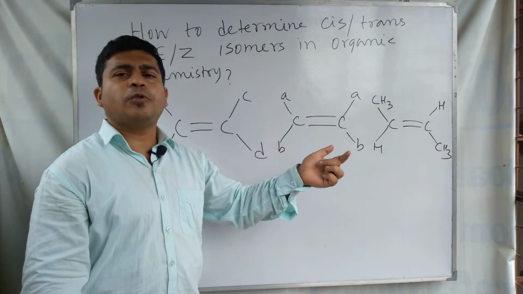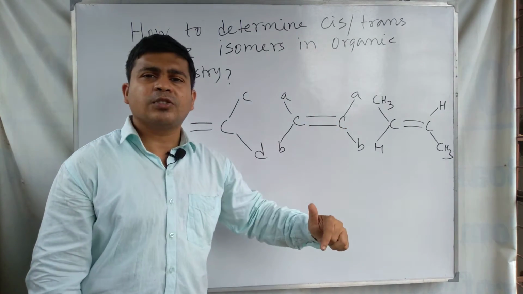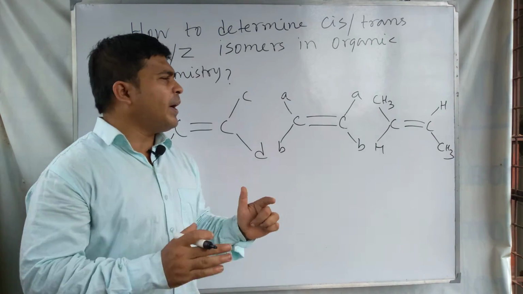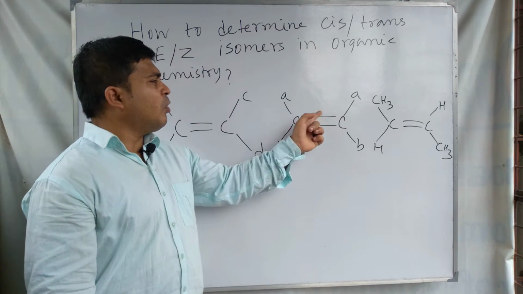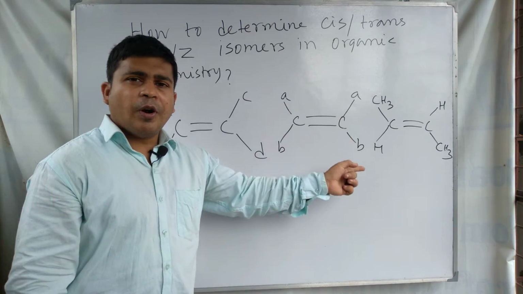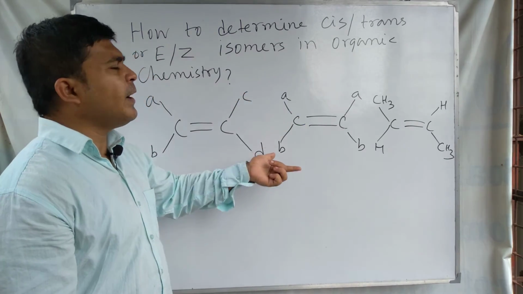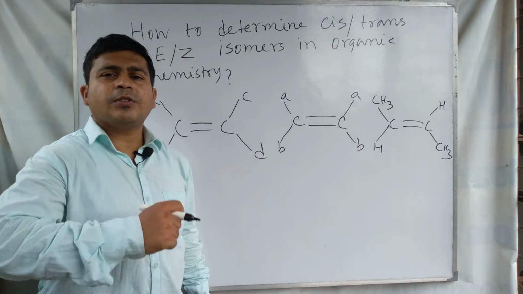This is the first step of finding cis trans isomerism. After that, you have to find whether the molecule is a cis isomer or a trans isomer.